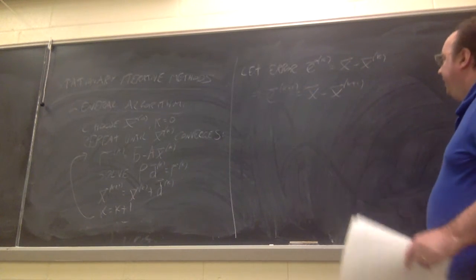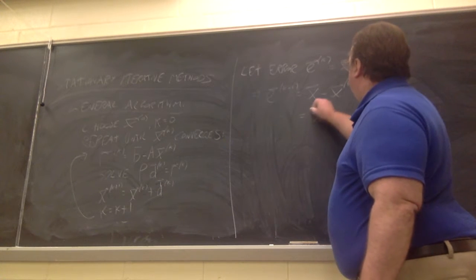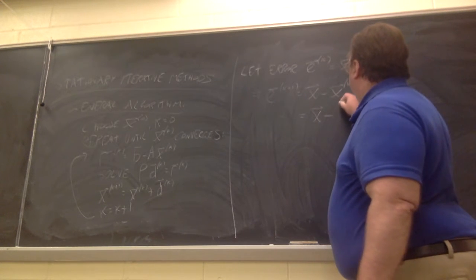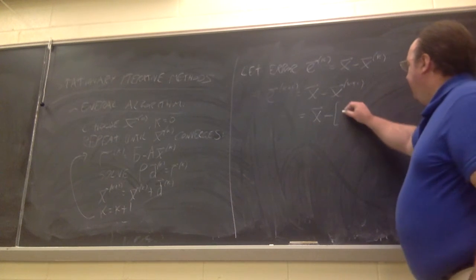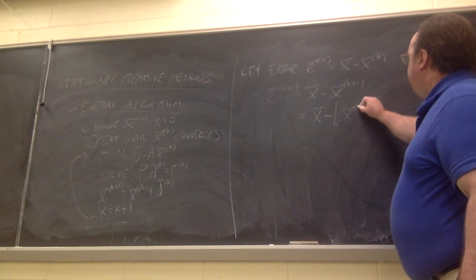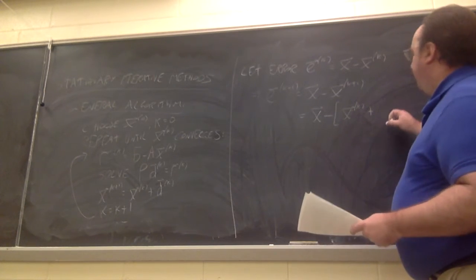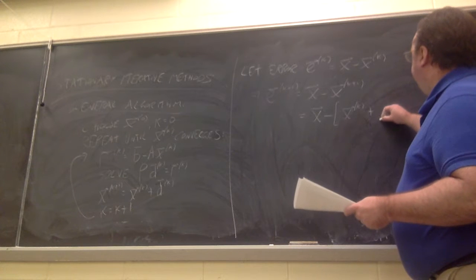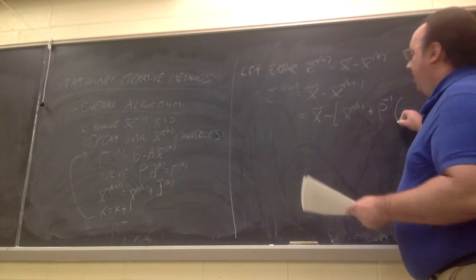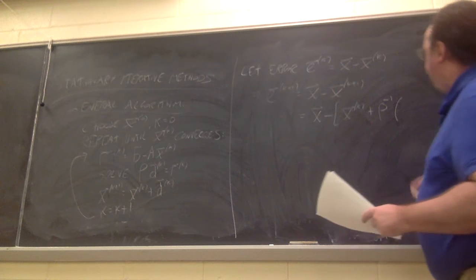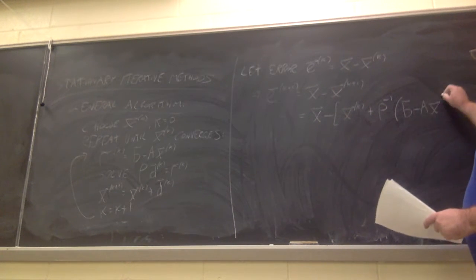But xk plus 1, I can write in terms of that. That's equal to xk plus dk, but dk is equal to P inverse rk, which is b minus A xk.